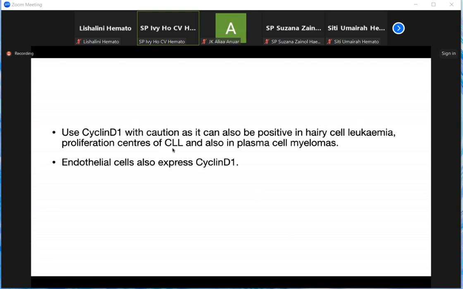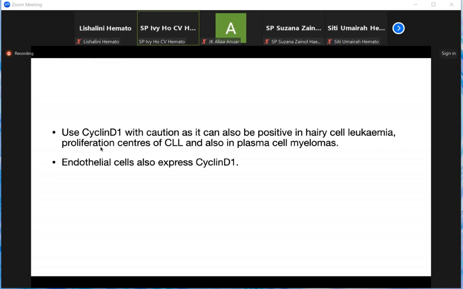I said just now, CLL is normally negative for cyclin D1, with the exception of the proliferation center of CLL. Remember, on low power you tend to see nodules of slightly lighter staining. If you zoom in, these nodules are composed of small lymphocytes, prolymphocytes, slightly larger cells, and paraimmunoblasts.